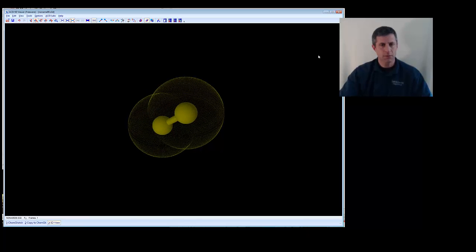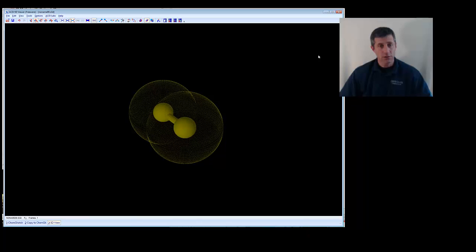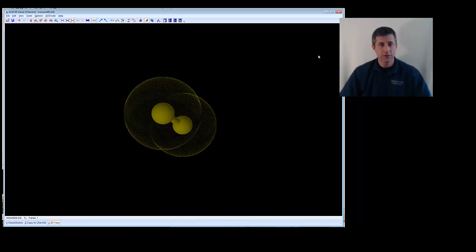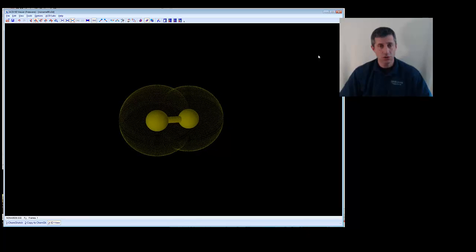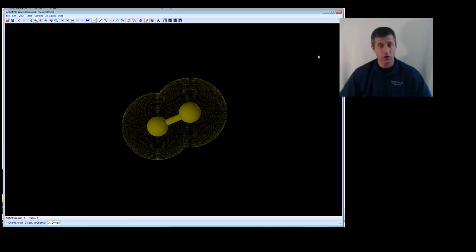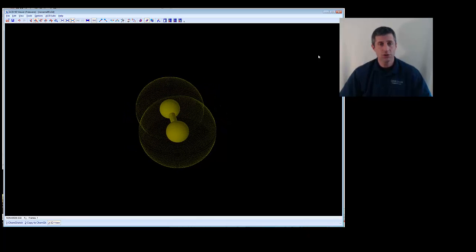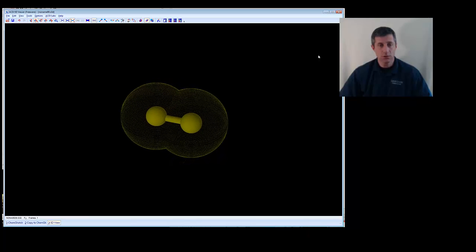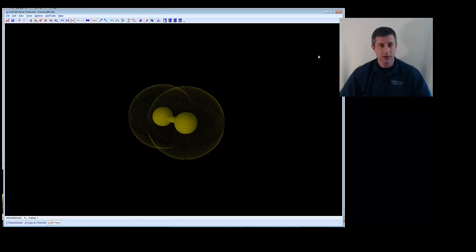The electrons are drawn into the nucleus while at the same time being repelled from each other, and they end up having some surface charge that gets spread all around the surface of the molecule. Because we have two equally charged centers, two equal atoms, that charge gets distributed across the entire molecule quite evenly.